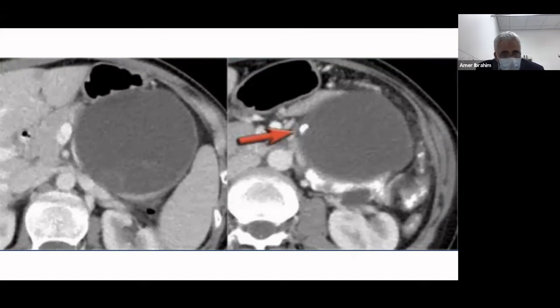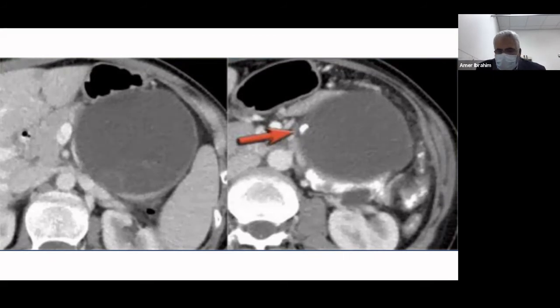They do not know why, and interestingly, it is much more common in ladies than in gentlemen. So if you have a gentleman with this lesion and you think it is MCN, mucin secreting cystic neoplasm, you have to question your diagnosis. It could happen in men, but it is much more common in females.